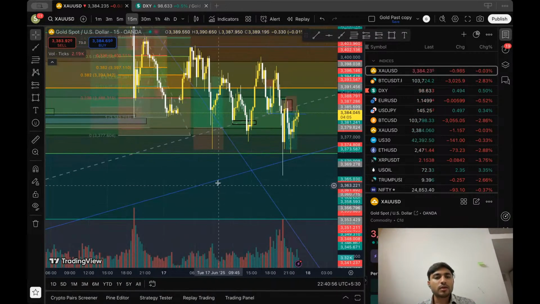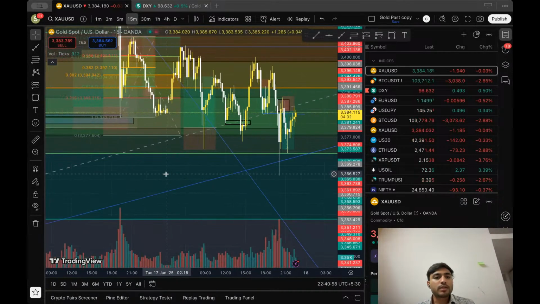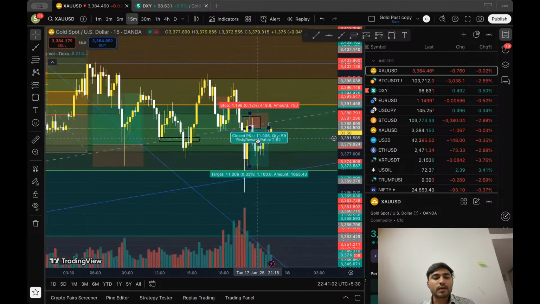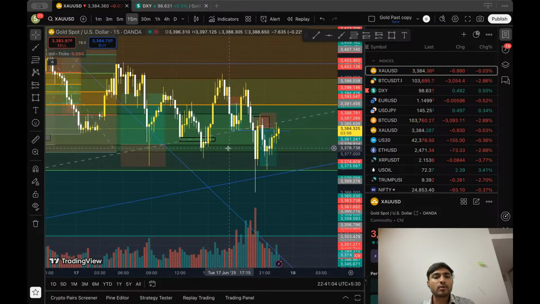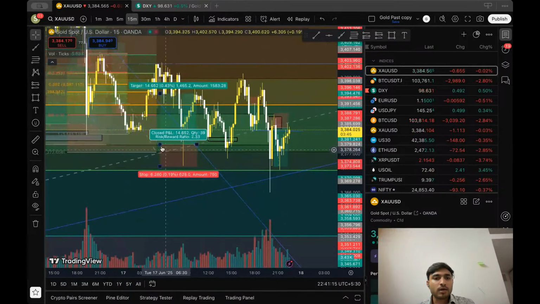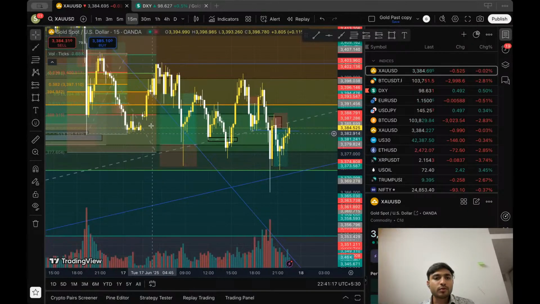Let's talk about yesterday's trade, because we had placed this trade yesterday. The problem is it almost got our stop loss. But let me tell you the beauty about this trade and the magic block also.